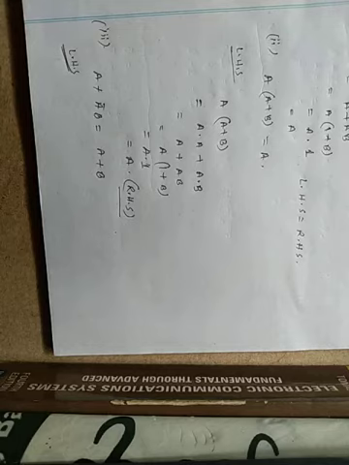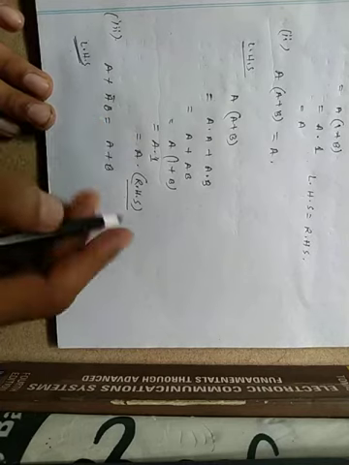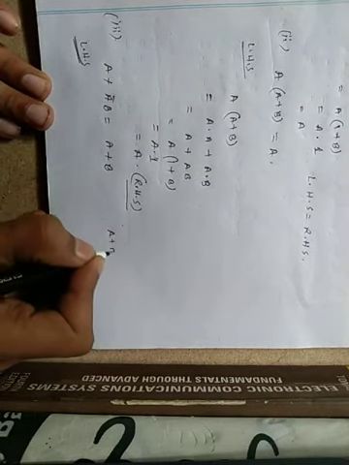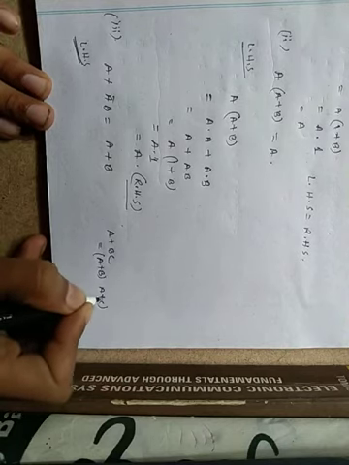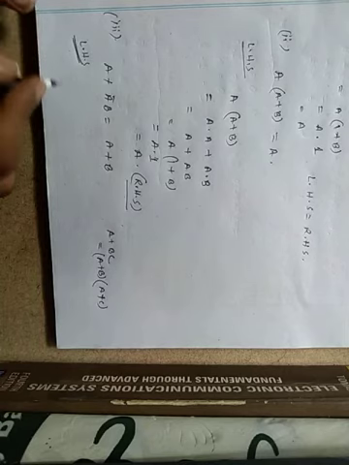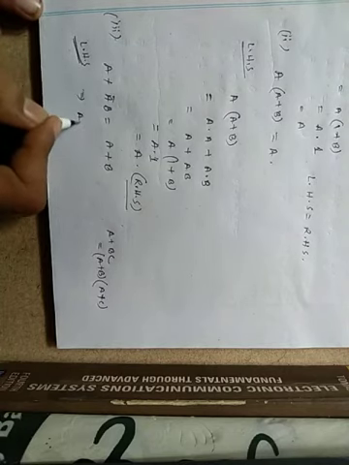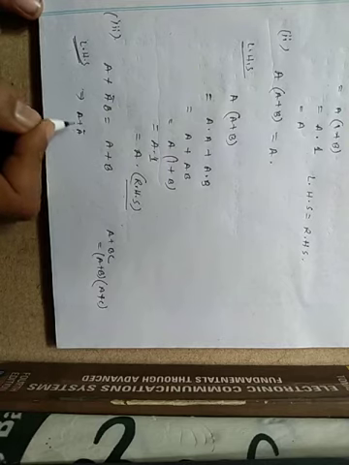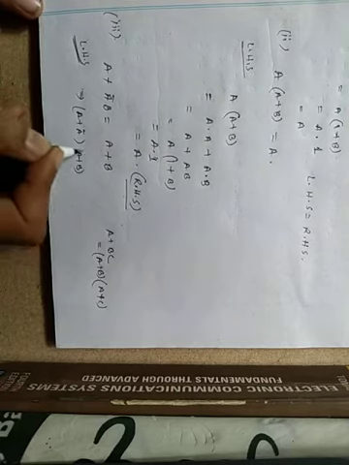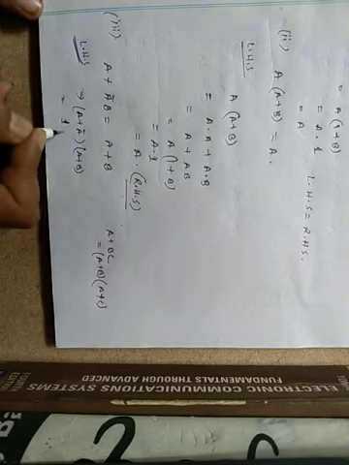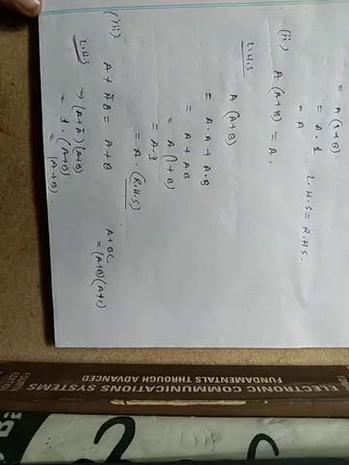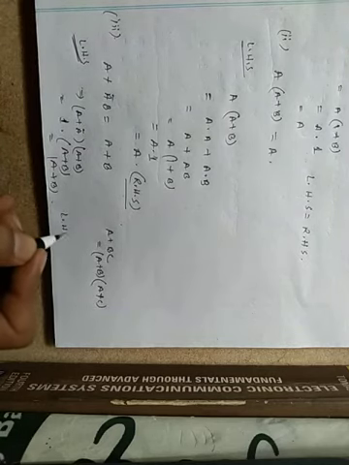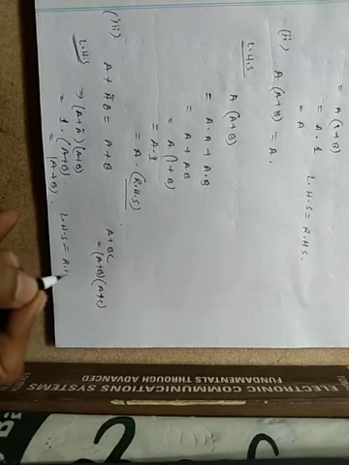So there is (A + A')(A + B). A + A' equals 1, and A + B. So A + B is proved. So left hand side equals right hand side.